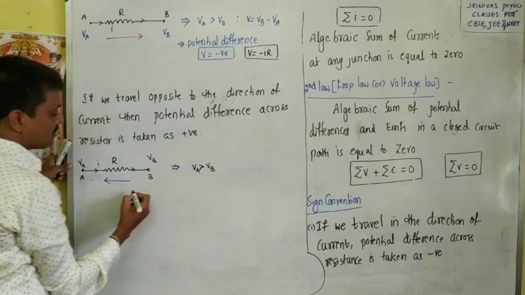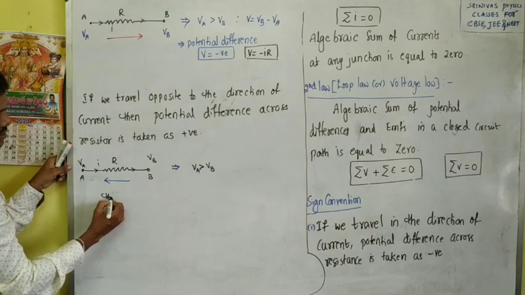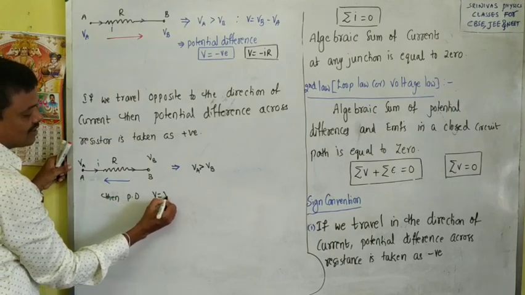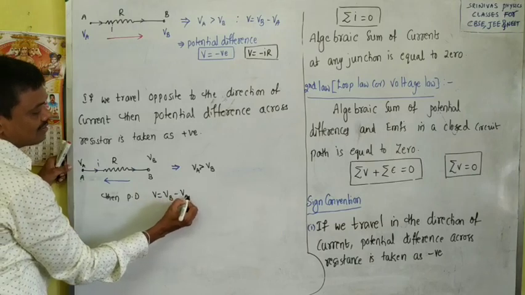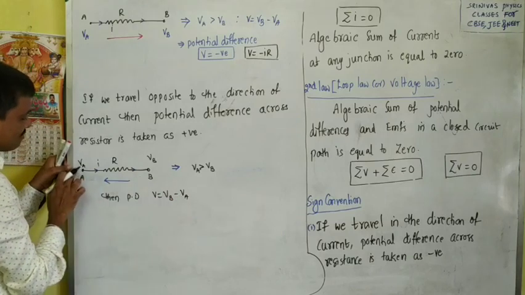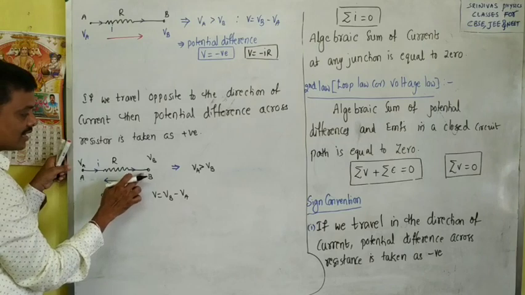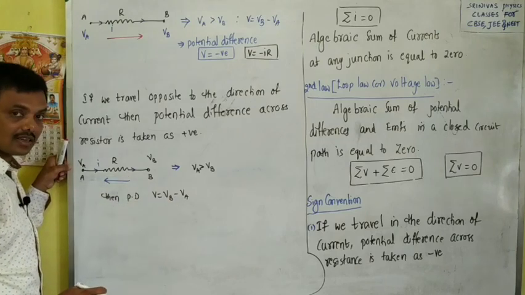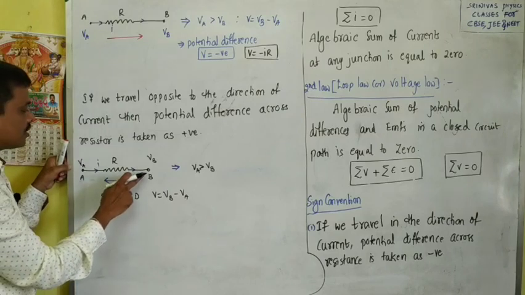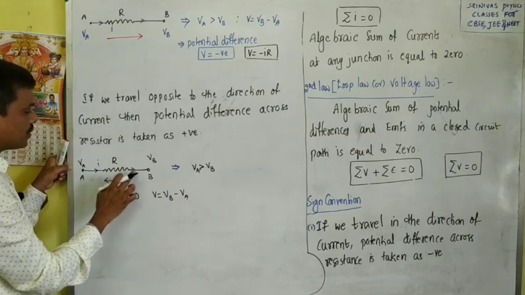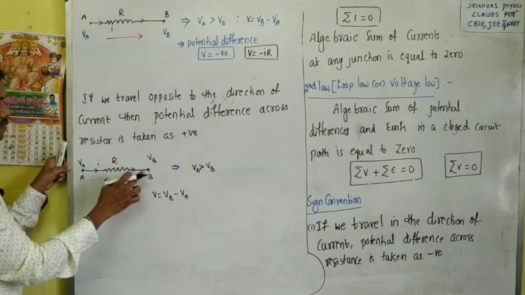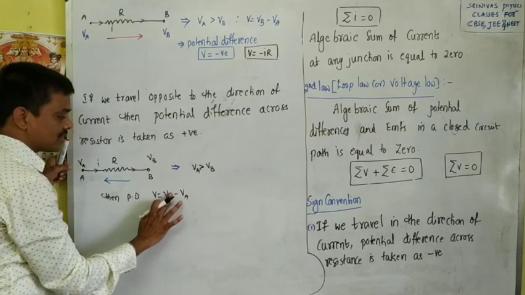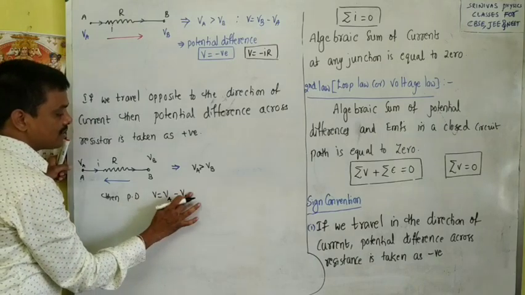The potential difference V we write as VB minus VA, and here VA is greater than VB. But we are traveling from B to A. When you travel from B to A, B is initial, A is final, then here we write the potential difference as VA minus VB.